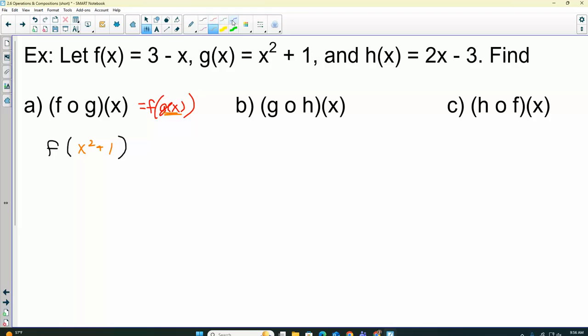All right, now I'm asking you to find f of x squared plus 1. That says you go to function f, and I am replacing my x with x squared plus 1. Just like yesterday, sometimes we were doing x plus h. Okay, so whatever is in here, that's replacing the variable x in this original function. That gives me 3 minus x squared minus 1, 2 minus x squared.